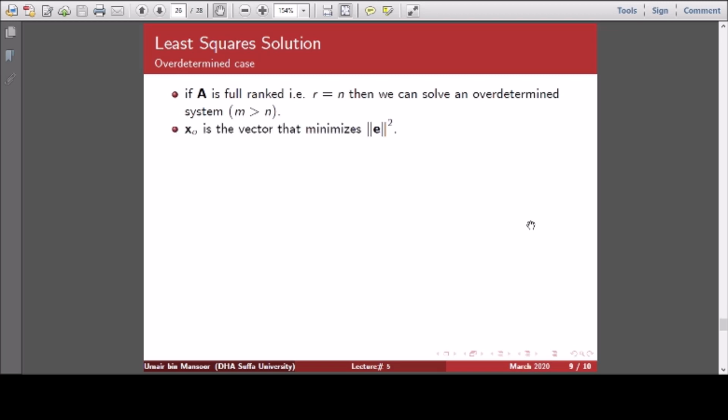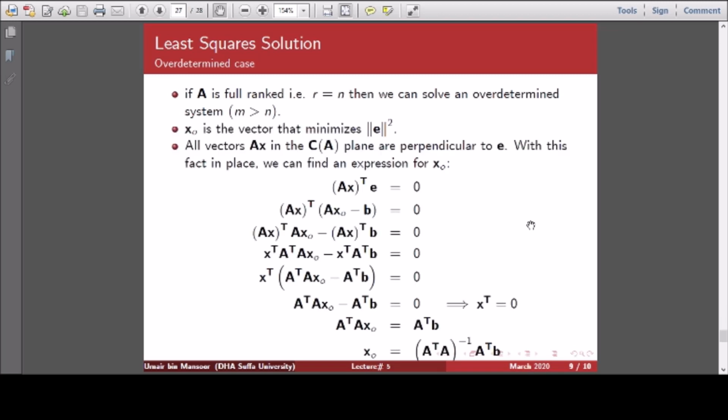Okay, so let's take an overdetermined system and let's derive an expression for the solution X optimum. We know that the error E, if it's perpendicular to the vector AX naught in the column space, then their dot product or the inner product would be 0.